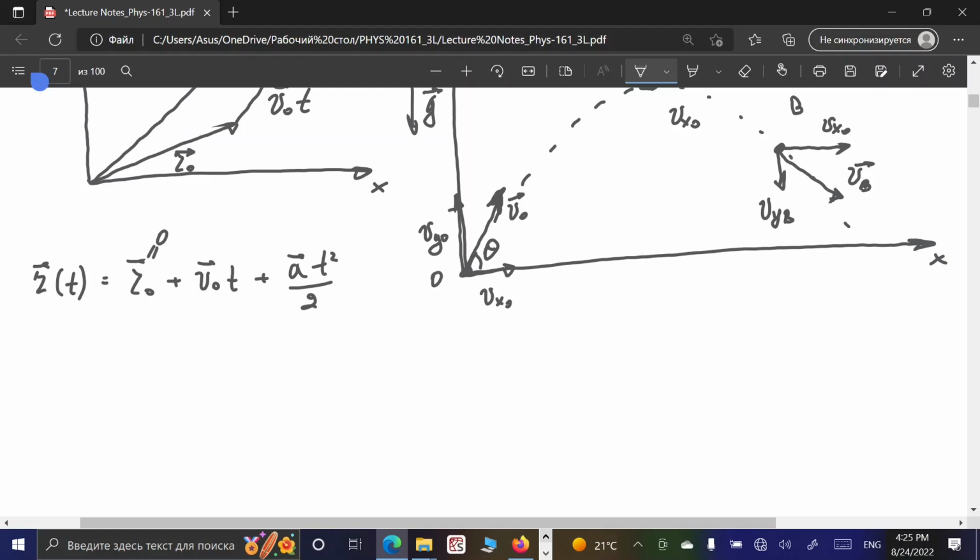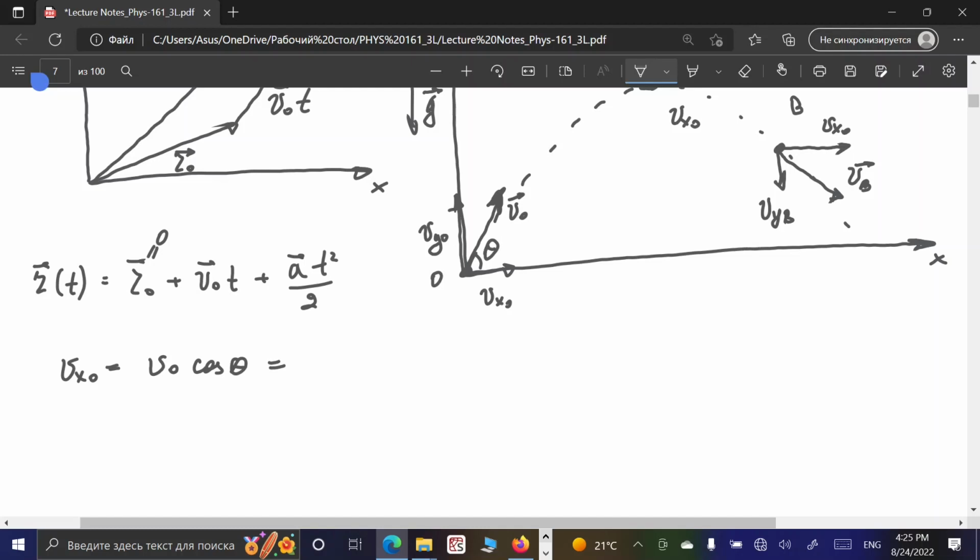So now let us consider v naught vector, and in particular its projection on axis x and y. So we can write that vx naught is equal to v naught, meaning the magnitude of the initial velocity vector, times cosine theta, which is the angle between velocity vector and horizon.